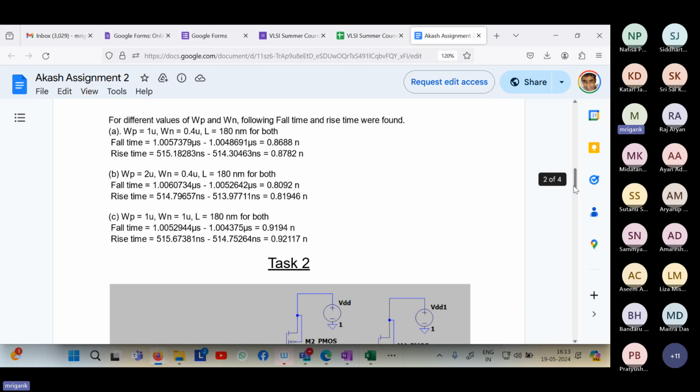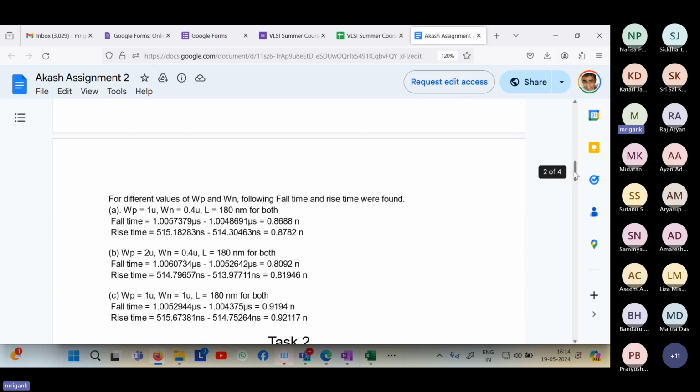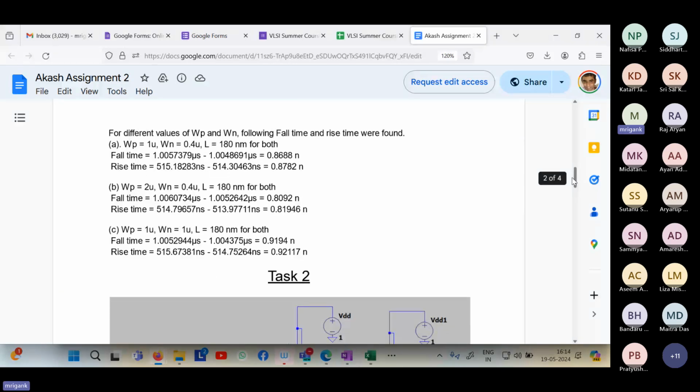So here, the way it is calculated, it seems like he is getting 0.8 nanosecond. All right. Cap value also I'm not very sure because he has not mentioned what it is. I don't think there is any cap attached, but still 0.8 nanosecond looks like on the higher side.